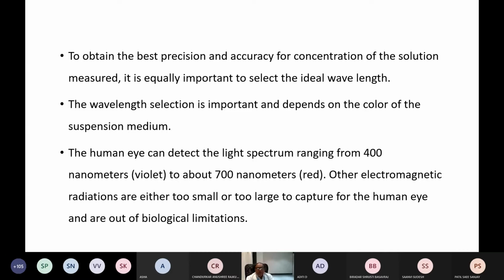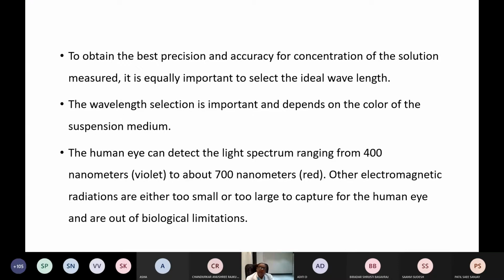When you look at the spectrum of color found when a white ray is passed, it ranges from 200 to more than 800, 900. You can classify it into three ranges: the ultraviolet range, the visible range, and then infrared.